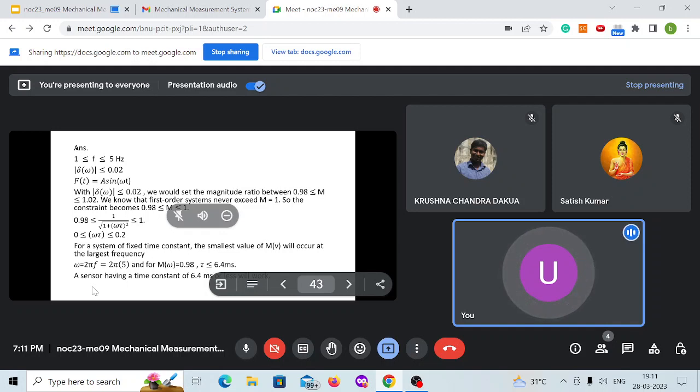So we have to choose, from the available sensors, a sensor having a time constant of 6.4 milliseconds or less, and we can use that for measuring the temperature in the reactor vessel.